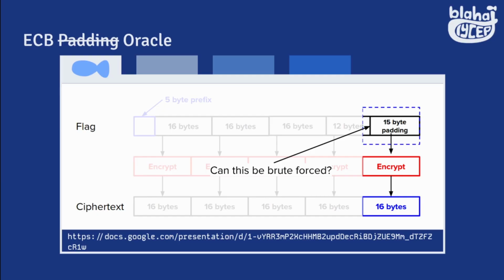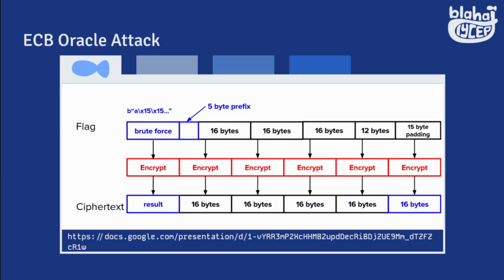Because ECB encrypts block by block, we can check if this block corresponds to our brute force string by inputting our brute force string here. So, next slide. Here's our brute force, which is unfortunately on top of the wood. Next slide. We check if these two are matching, and if so, we know that we have gotten the last part of the flag.